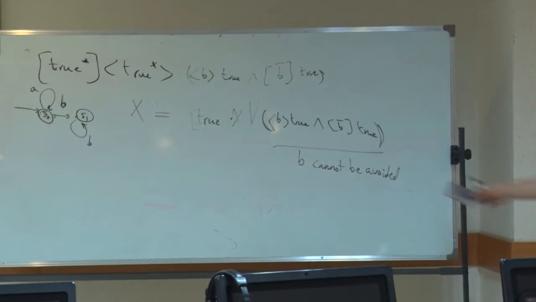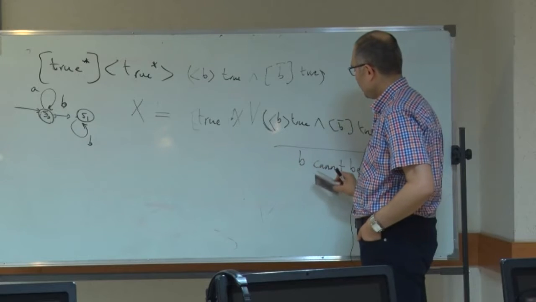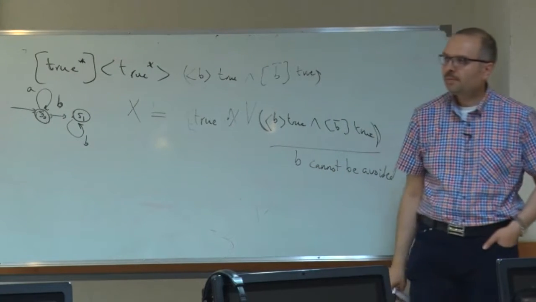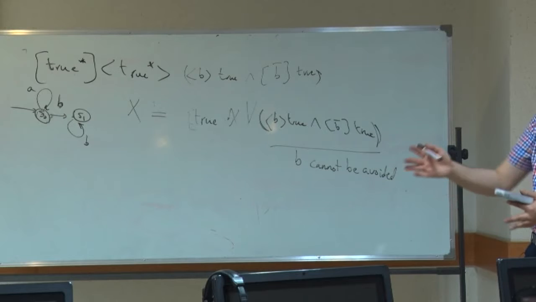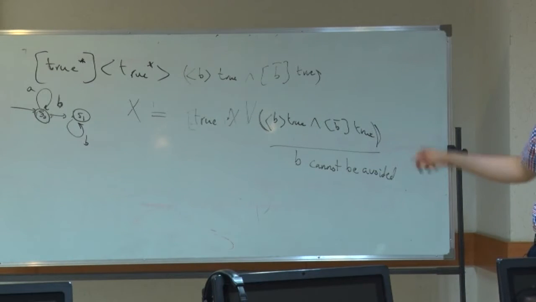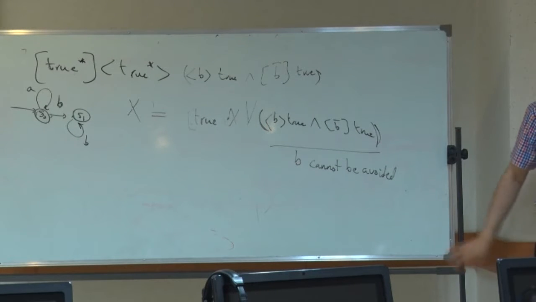So no matter how you evolve, you end up in X, or B cannot be avoided right now. I could also turn it into a diamond true. That says there is a path in which B cannot be avoided, but then I'll just think about it. And that's fine. So let's take this, and then let's start calculating the solutions to this one.